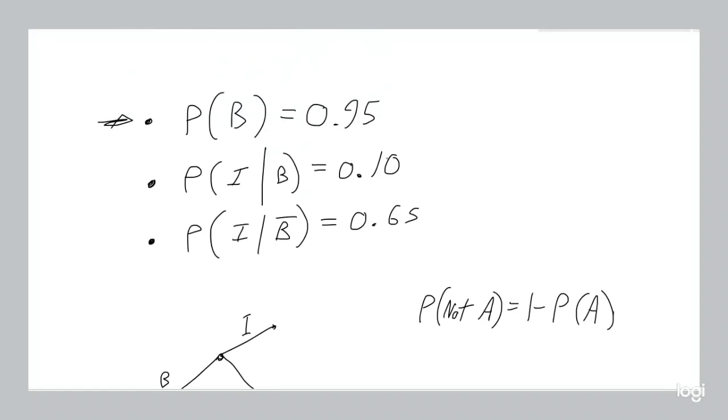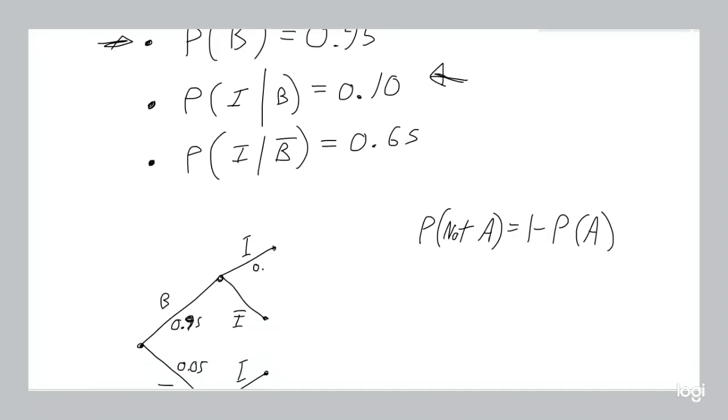And the probability of them getting injured after a serious accident, given that they are wearing a seatbelt, we're given that, that's 0.1 or 10%. Based on the same principle, the chance of them not getting injured, given that they're wearing a seatbelt after a serious accident, is going to be 0.9.